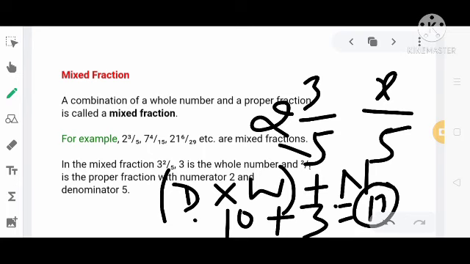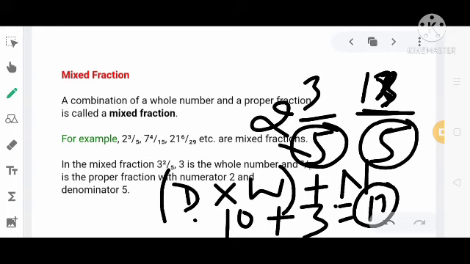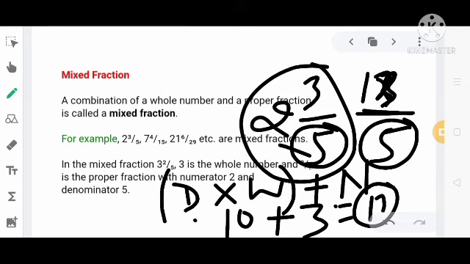Then this 13 will represent the numerator, and the denominator will always be the same as in the proper fraction. The denominator of the proper fraction is 5, so 5 will be the same. Then 13 by 5. By breaking the mixed fraction, you get an improper fraction.